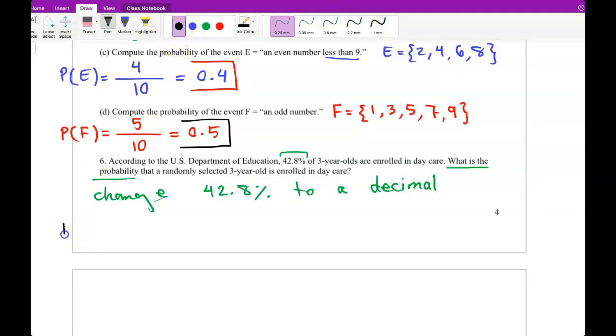And that means the probability of a 3-year-old enrolled in daycare is equal to 0.428. So this is our probability for this word problem.